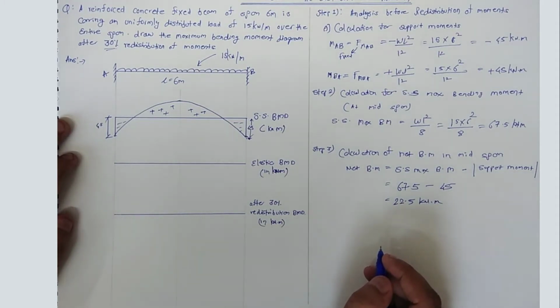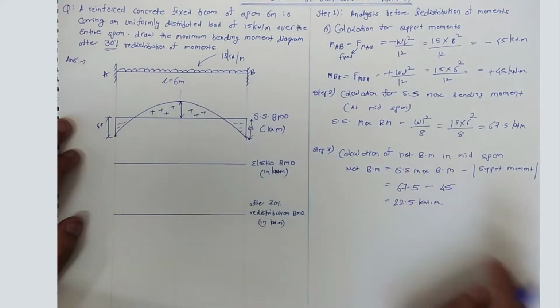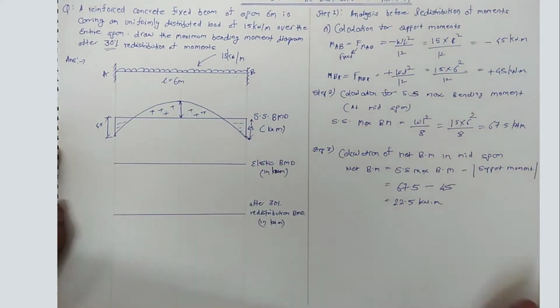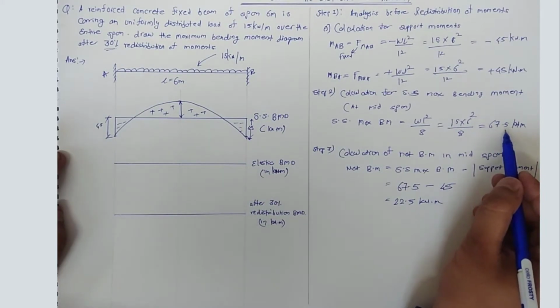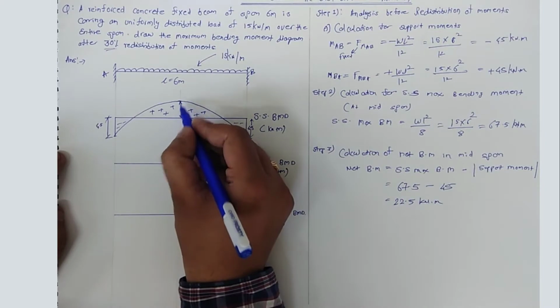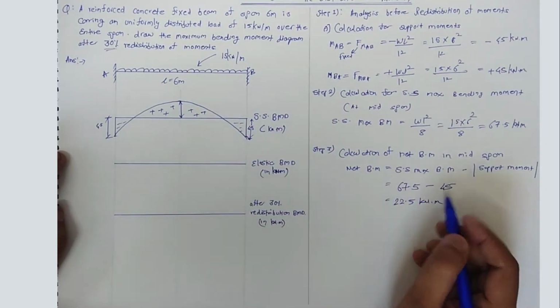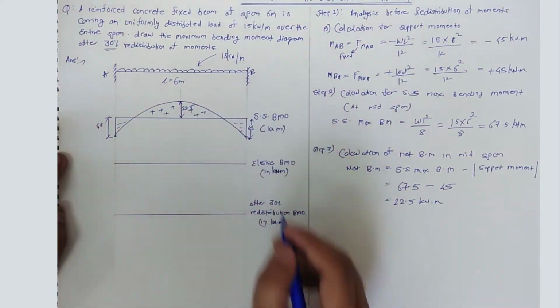And now the question is, we need to calculate this value. How have we calculated this value? See here, the maximum bending moment will be 67.5. So the net bending moment will be 67.5 minus 45, which comes out to be 22.5.